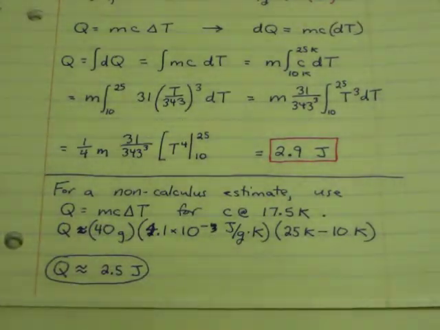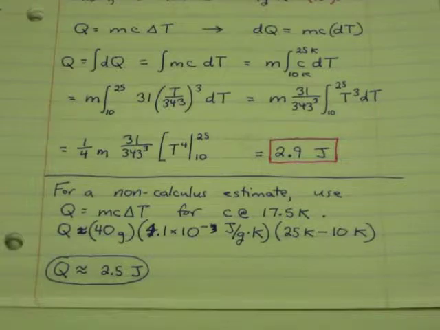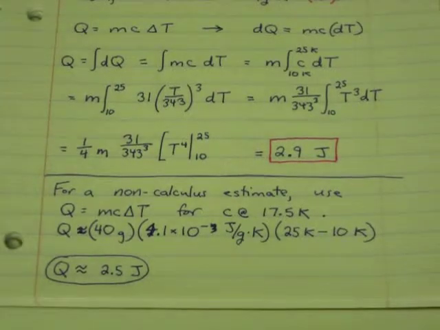Now I wanted to see how we could do this non-calculus for an estimate. It's going to be a very rough estimate, using Q equals mc delta T, but which C do we use? At 10 Kelvin that's way low, at 25 Kelvin that's way high, so let's just pick the middle.